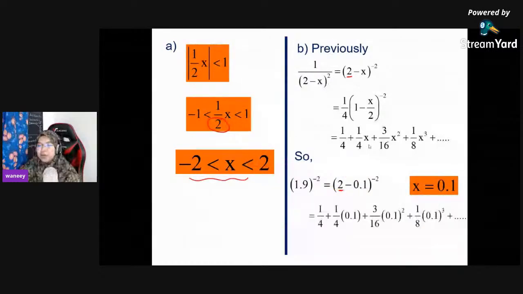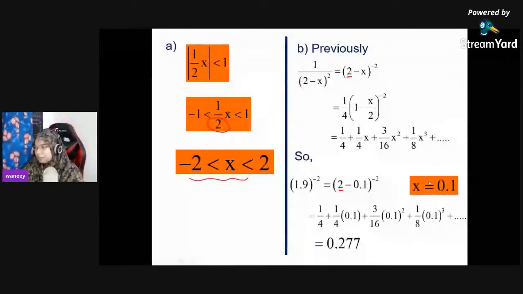So you're going to get 1 over 4 plus 1 over 40, 3 over 16, 0.1 squared, 1 over 8, 0.1 cubed, and dot dot dot. So of course, later on, simply use your calculator and you should be able to get 0.277.